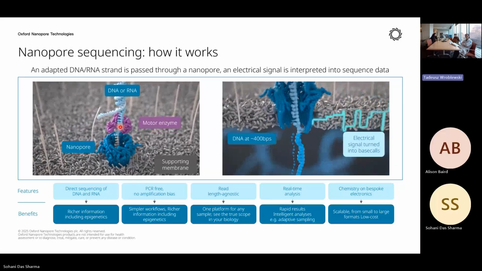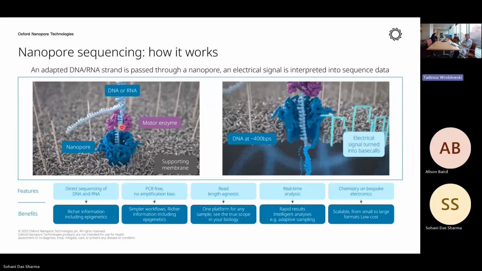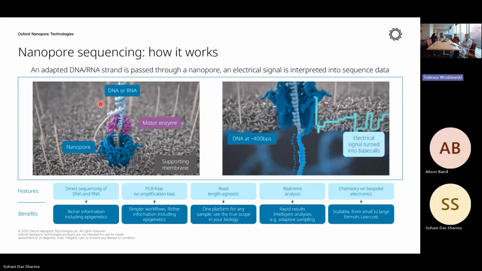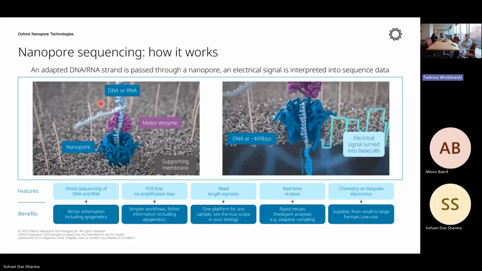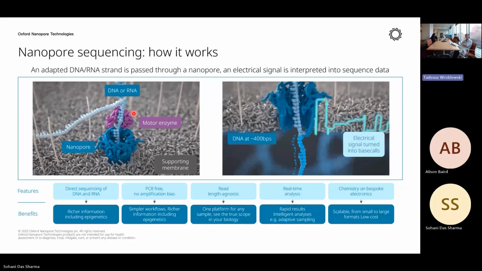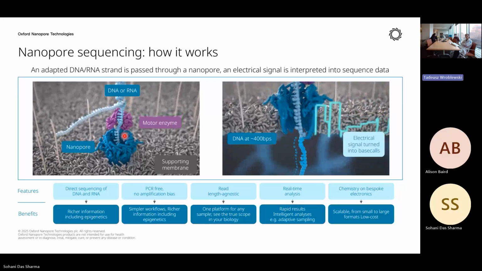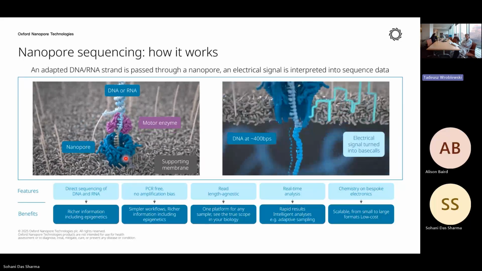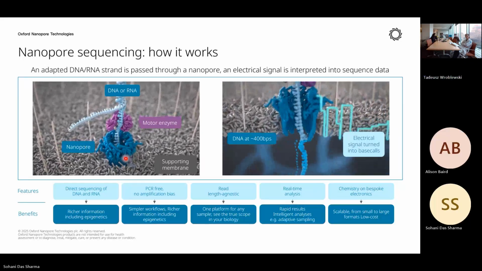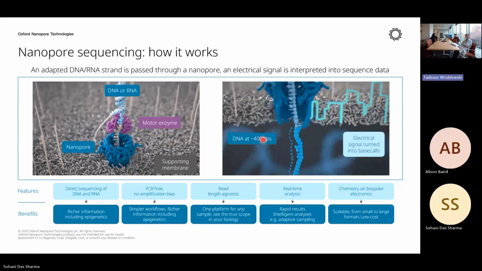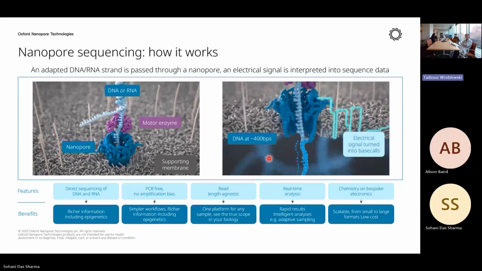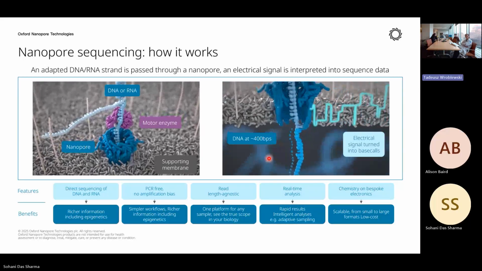This motor enzyme is different for DNA and RNA, and the flow cell is also different for RNA and DNA. The enzyme controls the speed of movement of the native DNA or RNA strand. For DNA, it is close to 450 bases per second. For RNA, it is 120 bases per second.